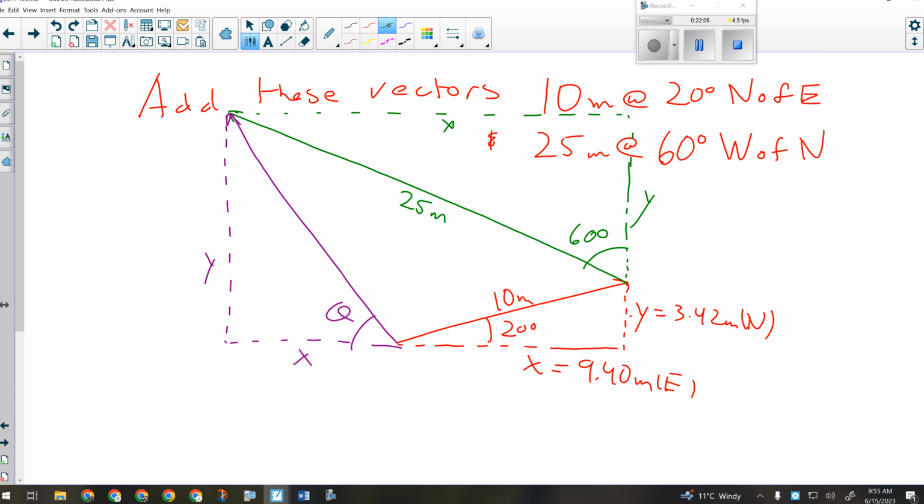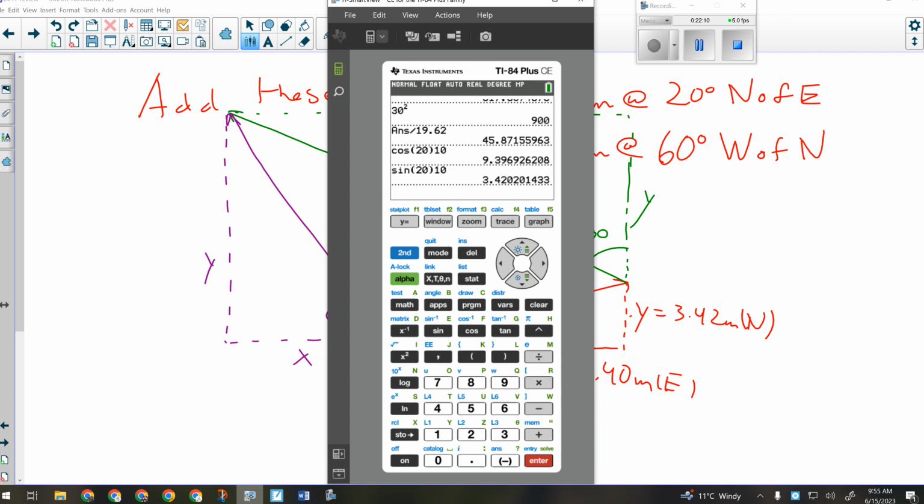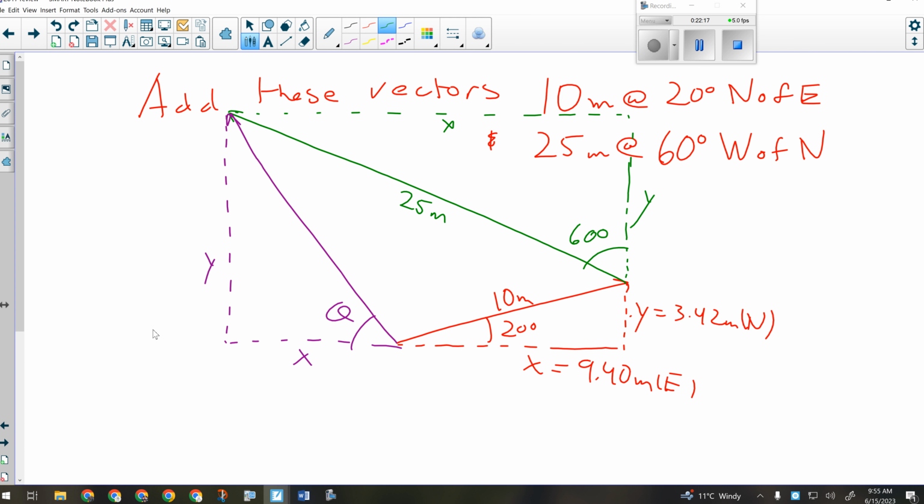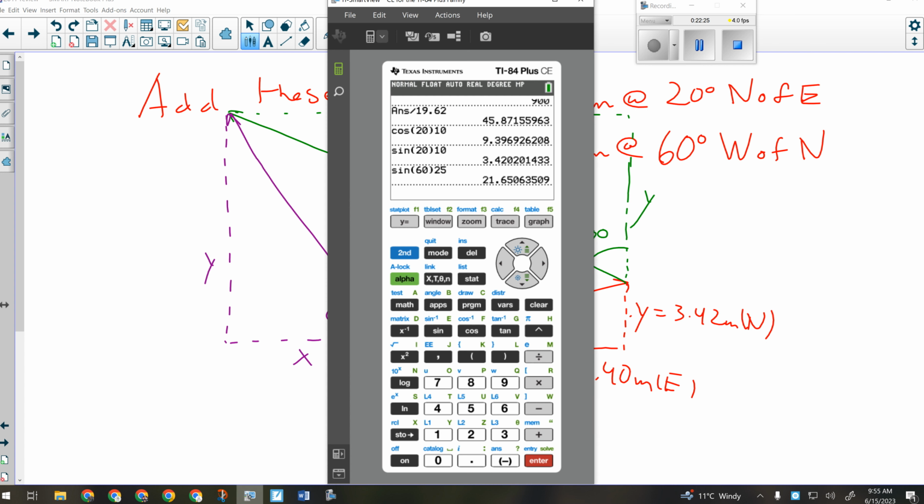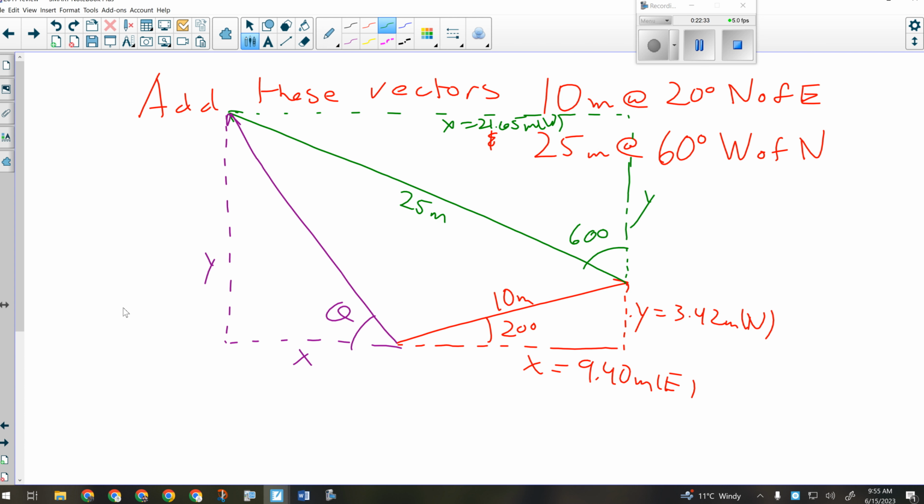Green x is sine of 60 times 25, 21.65 meters west. Cos of 60 times 25, 12.5 meters north.